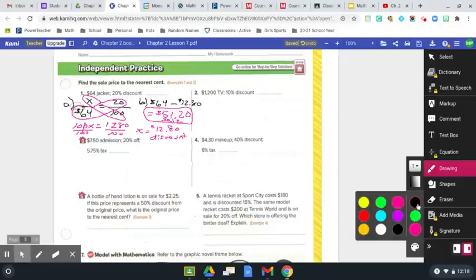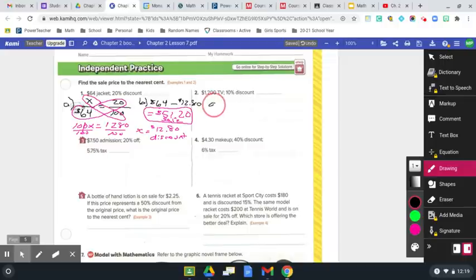Number 2, you have a $1,200 TV. It has a 10% discount. So, step A, right? Solve it. 10% out of 100%. How much are you saving if it's $1,200? 100 times X equals 1,200 times 10.